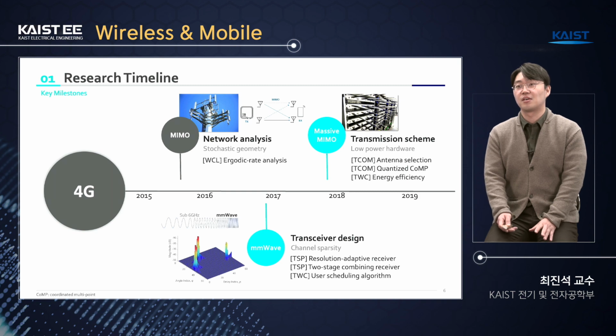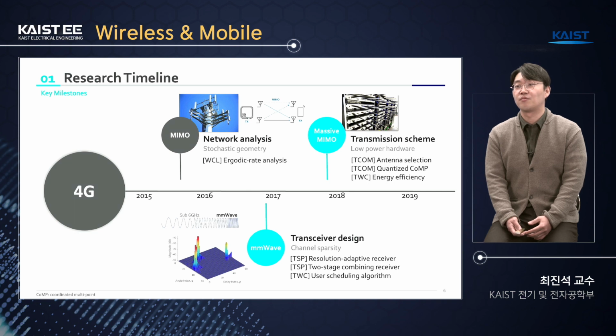So here is a brief history of my research from the past decade. From 4G, I started studying MIMO communication, which is called multiple input, multiple output communications. I performed some network analysis to find out the upper bound of what our network can do.